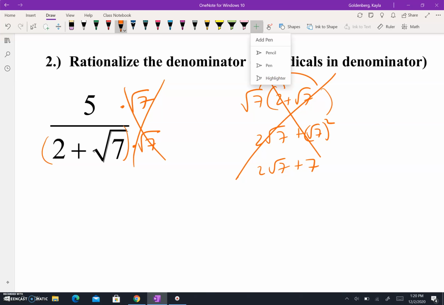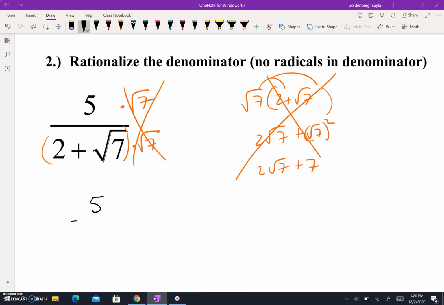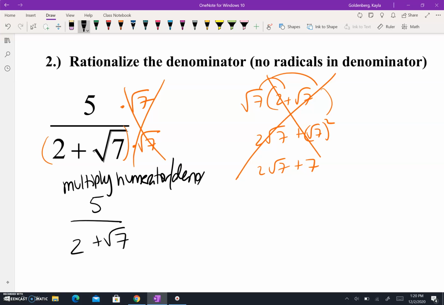Here's where I'm going to illuminate a nice trick for you. What we're going to do is multiply our numerator and denominator by the conjugate.